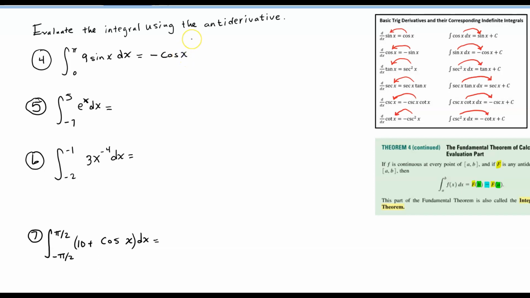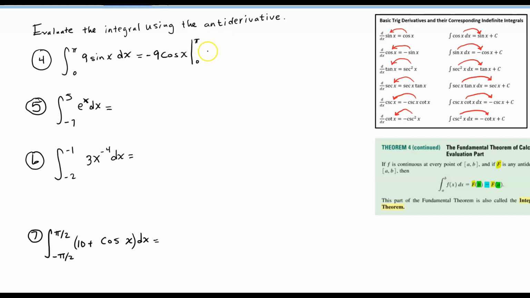But now I need to also remember that I have a 9 being multiplied, so I'm going to write negative 9 cosine x. Now I do not need to write the constant of integration because this is a definite integral. So what I will write is my evaluation bar here, and I will evaluate it from 0 to pi.